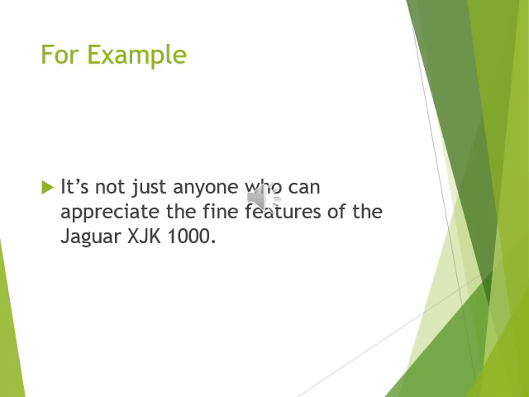For example, it's not just anyone who can appreciate the fine features of the Jaguar XJK1000. We're not selling this to the mob. They don't get it, but you get it. You have taste and sophistication. This is the product just for you. So when you're committing the appeal to snobbery, you don't appeal to the mob, you're appealing to the snob.